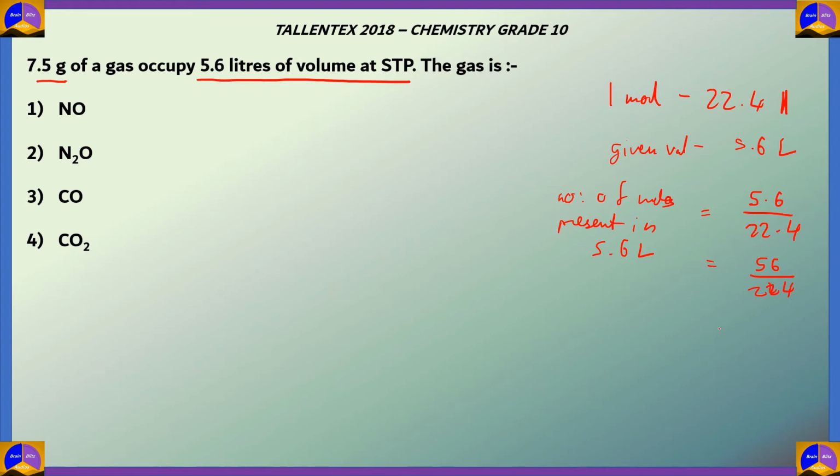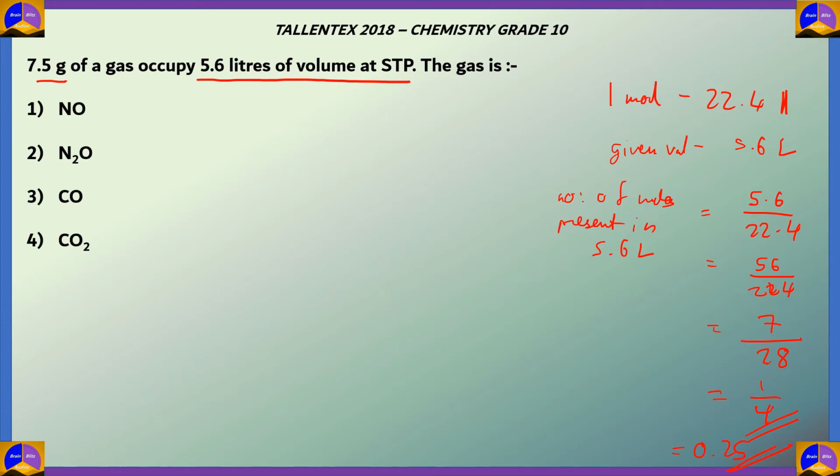Both of them are divisible by 8. So 7 times 8 gives you 56, and 28 times 8 gives you 224. Now we know that 7 goes into 28 4 times, so 1 by 4 is the number of moles present in 5.6 liters of a gas. So for any gas, the number of moles present in 5.6 liters is 0.25.